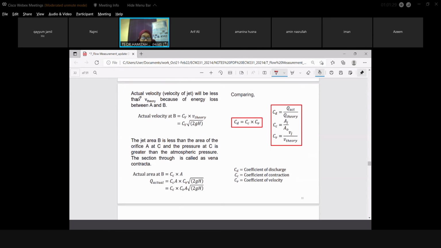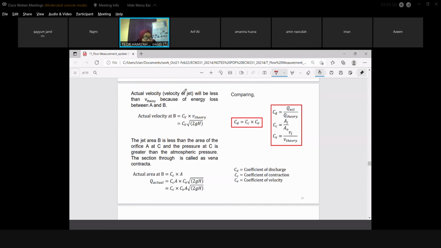Okay, so actual velocity is calculated on the velocity of the jet. It will be less than the V theory because of the energy losses between A and B. So from this sentence, you can know that velocity of jet, kita panggil the actual velocity.